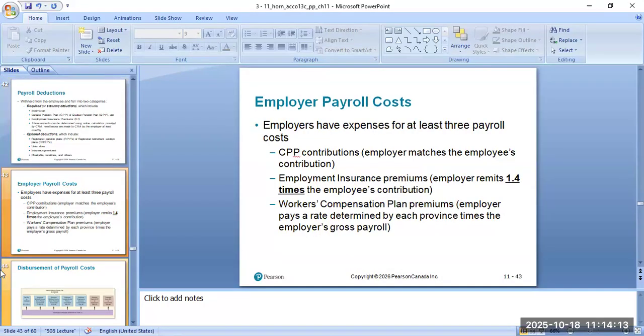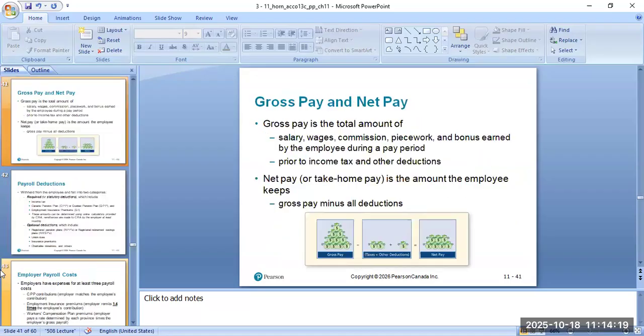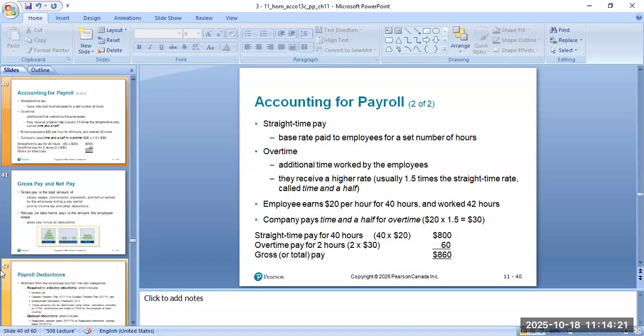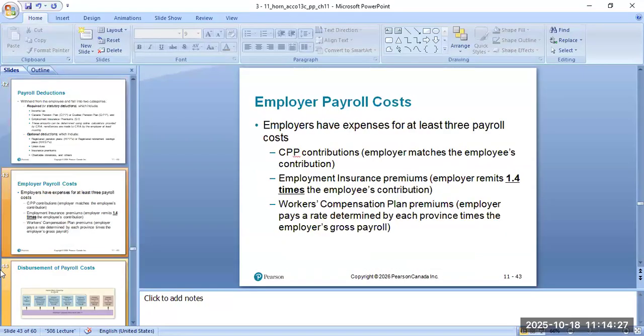How much is the actual cost for the employer? Well, in this case, the employer has to pay, we already saw, 860. Is that the only cost for the employer? No, it is not. From the statutory deductions, which are deducted from the employee, the employer also has to contribute.